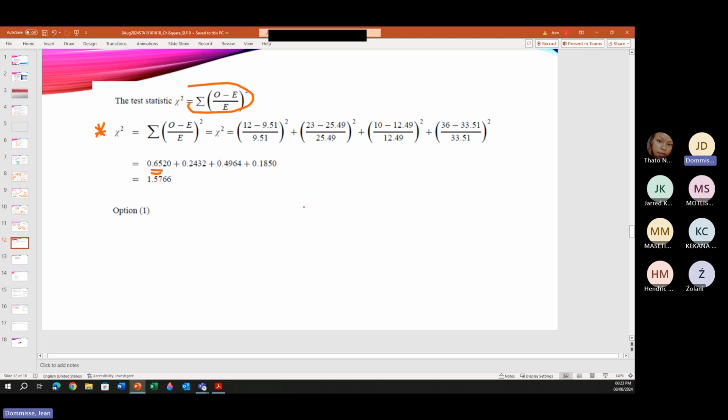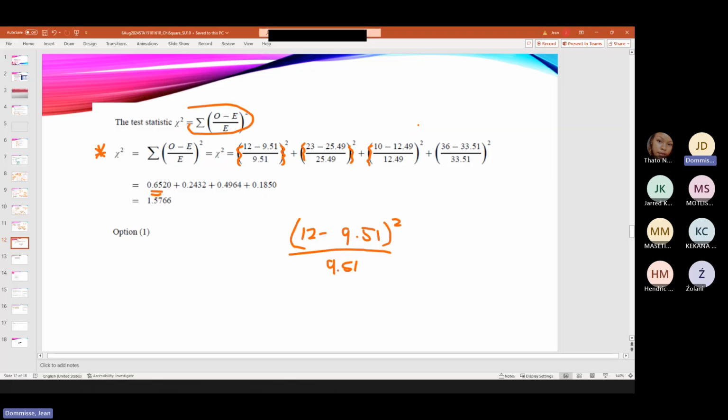So it should be 12 minus 9.51 to the power of 2 divided by 9.51. There shouldn't be brackets. It should all just be brackets at the top.